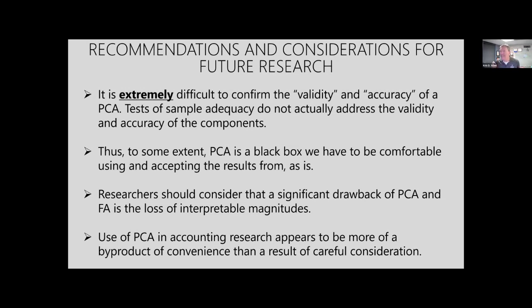Now, one significant drawback of using a PCA and FA is that it's really hard to understand interpretable magnitudes. So let's say, again, we're using a PCA to take stock liquidity and boil it down into one thing. Well, if we have one measure of liquidity, let's say bid-ask spread, we can use that in a regression, and we can calculate the effect of bid-ask spread on whatever we're looking at, right?